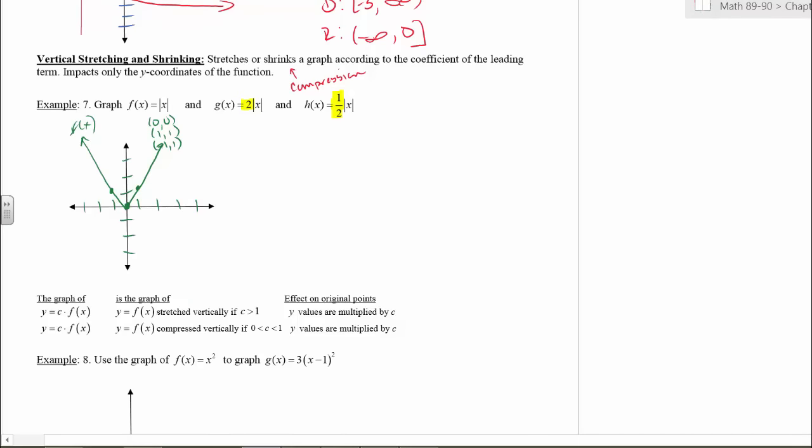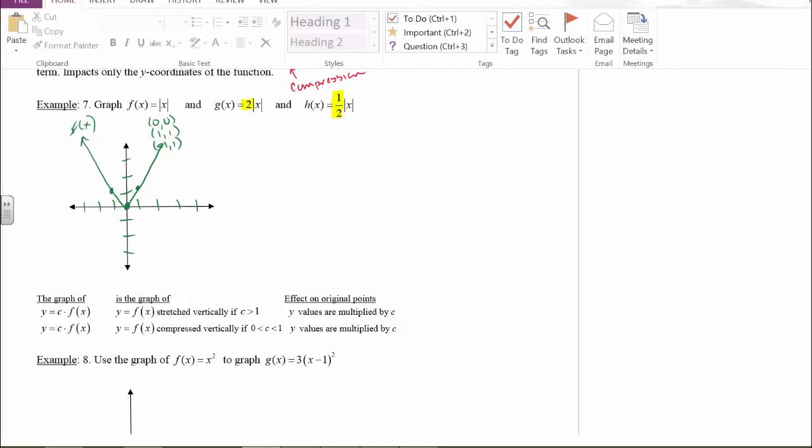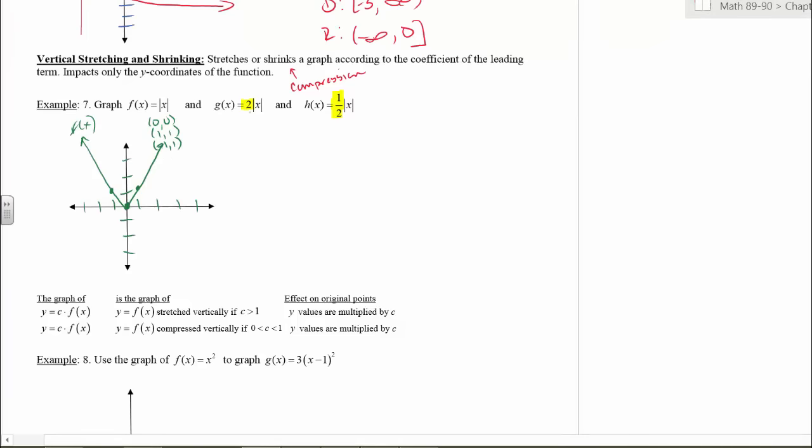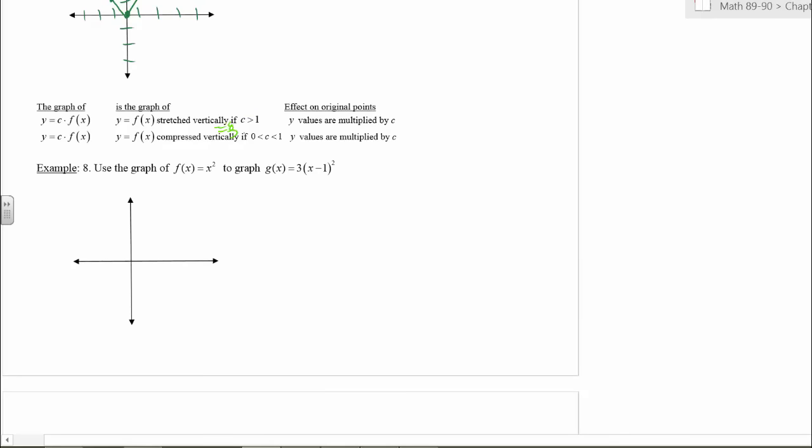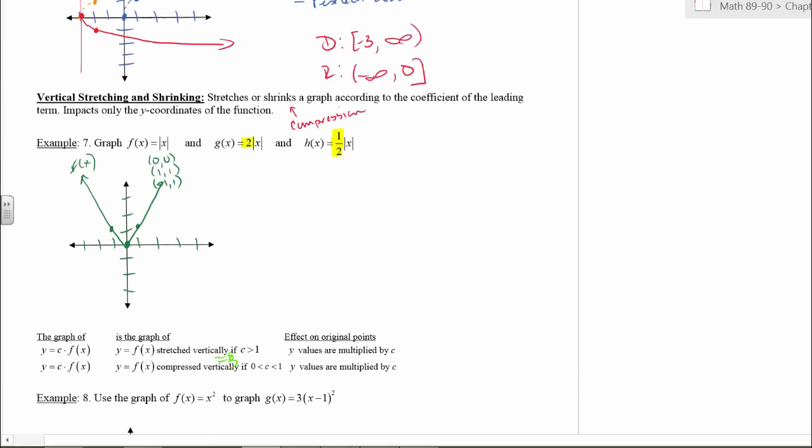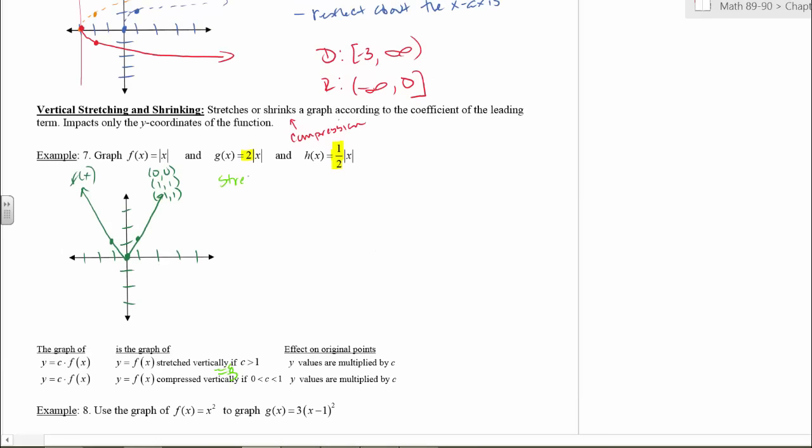So what is going to happen here with this guy, I'll go with a light green, is you're going to stretch by 2, which means multiply the y-coordinate only by 2.